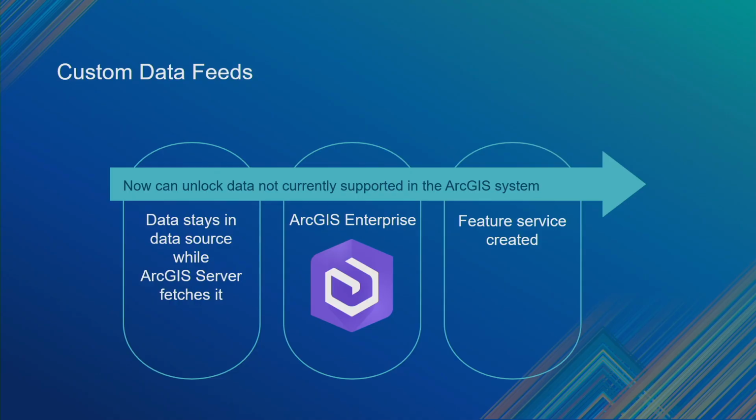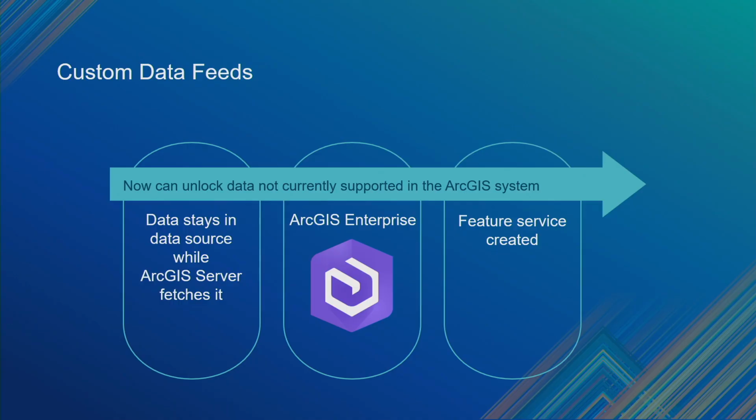Once developed, your custom data provider is packaged into a custom data package file, which is a .cdpk, and then that file can be registered with ArcGIS Server. That custom data package is deployed and runs as a feature service on ArcGIS Server. This then allows web clients, desktop apps like Pro, or Field apps to access that service and use the data provided through that custom data feed.